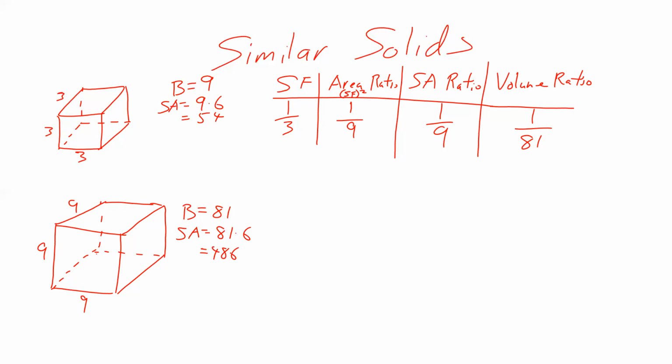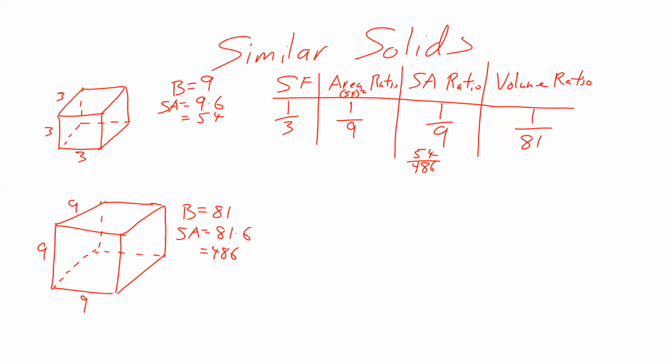All right, so we have our surface areas. So let's see if you're right about this first one. We have 54 over 486. Does that reduce nicely?